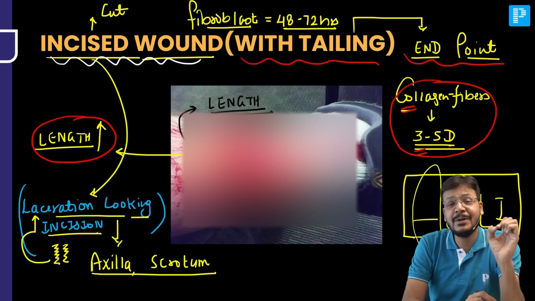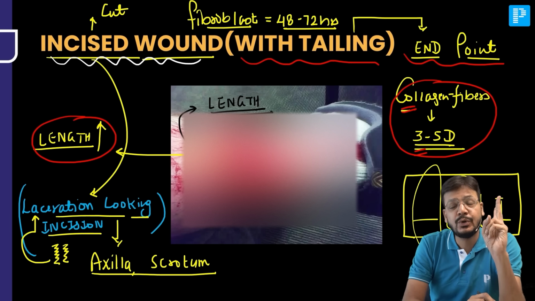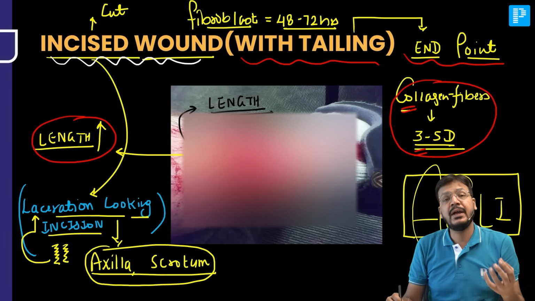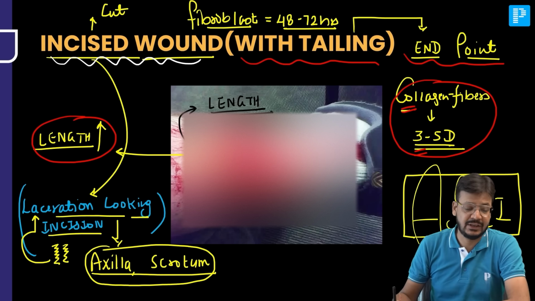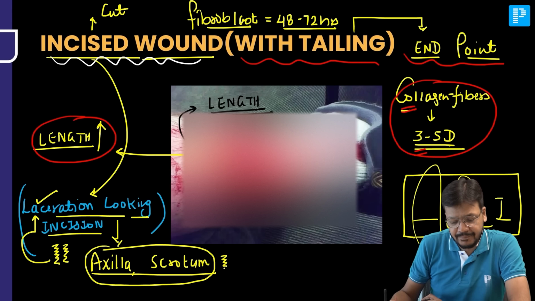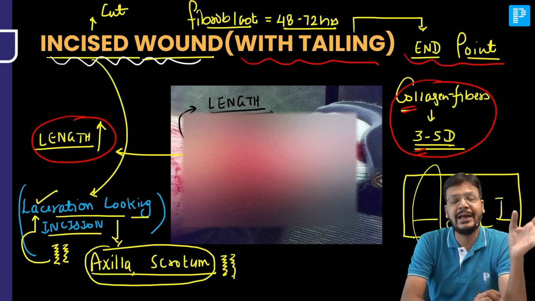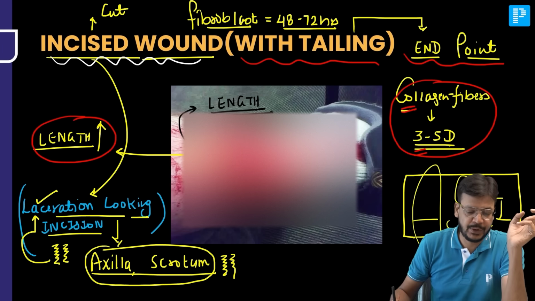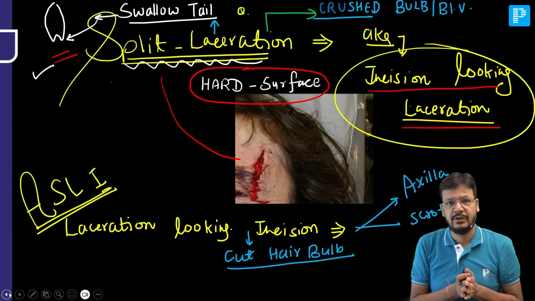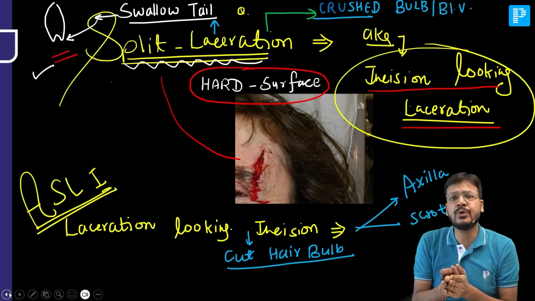But one very, very important concept, my dear friend: two areas in the body, that is axilla and scrotum, where incised looks like laceration. That is known as laceration-looking incised, because in these areas the margins are irregular. So two questions I'm putting again. First question, what are the areas where you have incised-looking laceration?